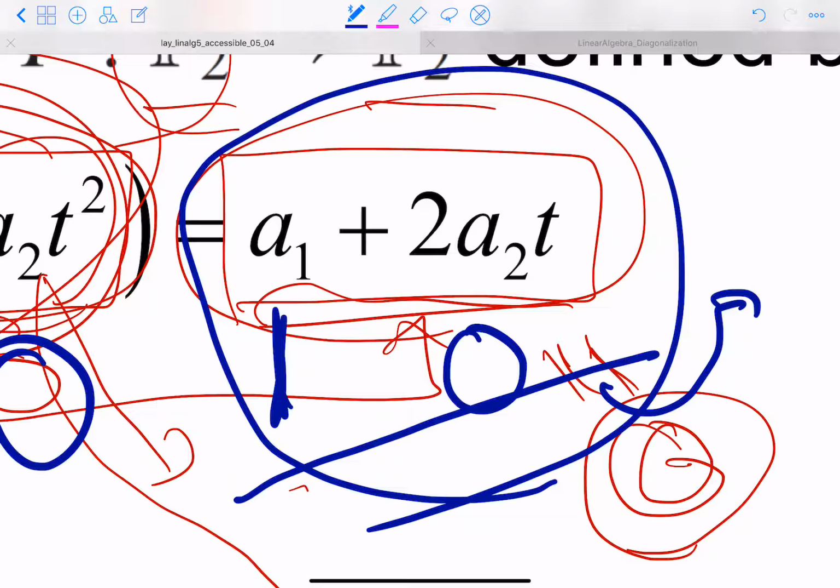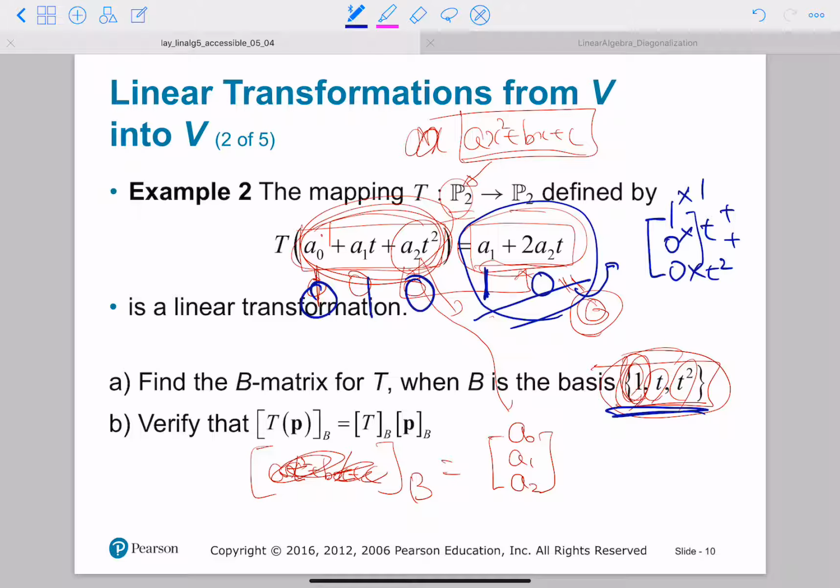So this is simply just 1, and 1 is represented as 1, 0, 0 with respect to the basis vectors 1, t, and t squared.